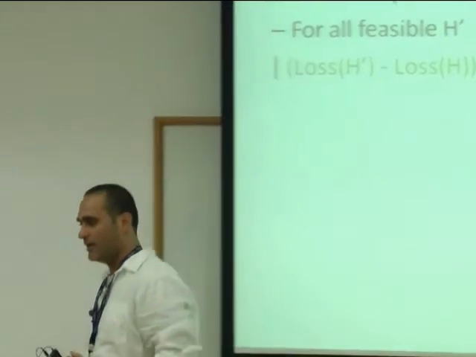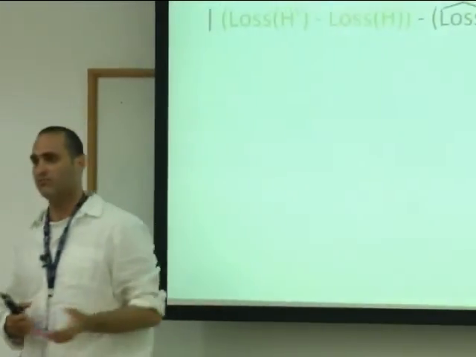And it's at most epsilon times the distance between h and h prime. So the closer h prime is to h, the better your approximation. The further it is, the worse it is. The approximation degrades gracefully as a function of the distance between h prime and h. And this happens uniformly for all h prime, with high probability.